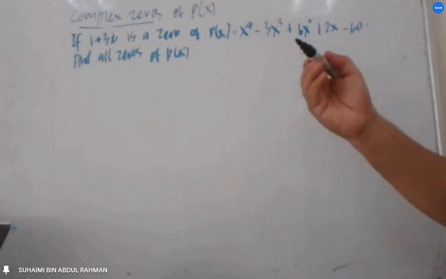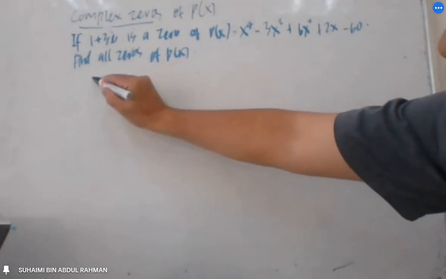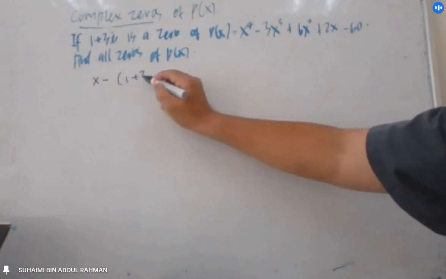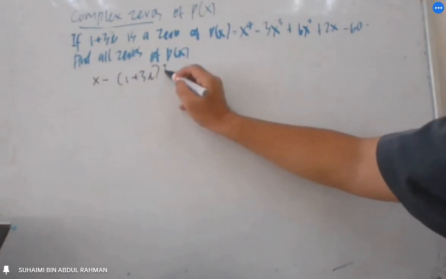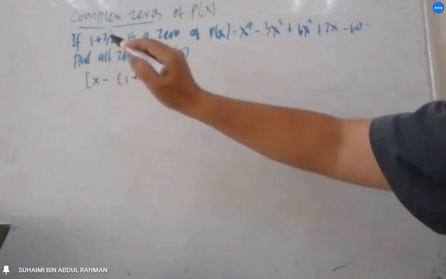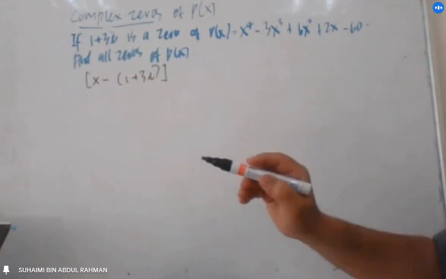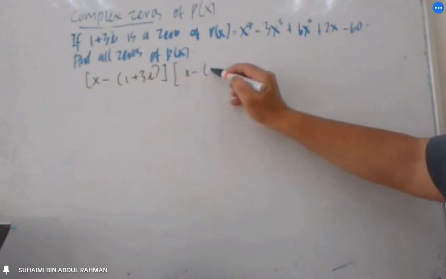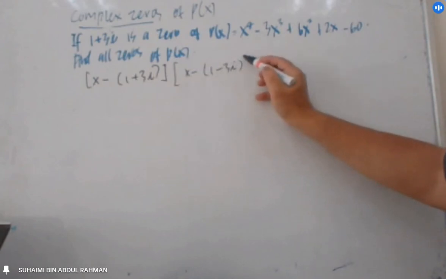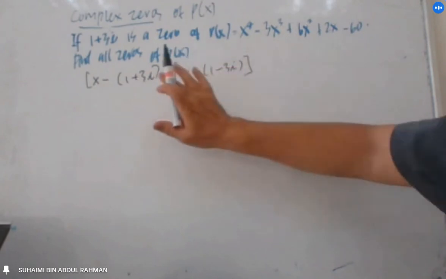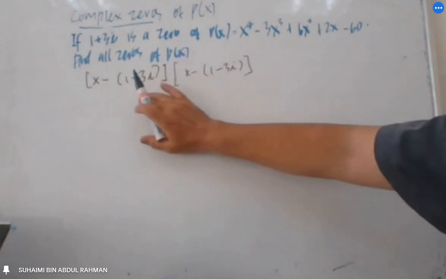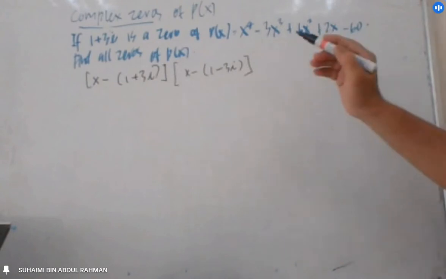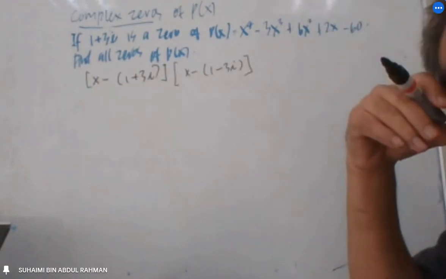So the zeros that we have here: x minus (1 plus 3i), and another one, x minus (1 minus 3i). These are zeros of the polynomial. And we need to find 2 more zeros. Why?